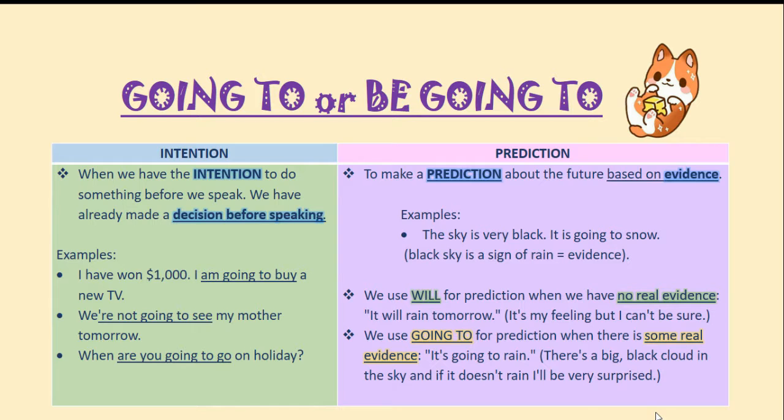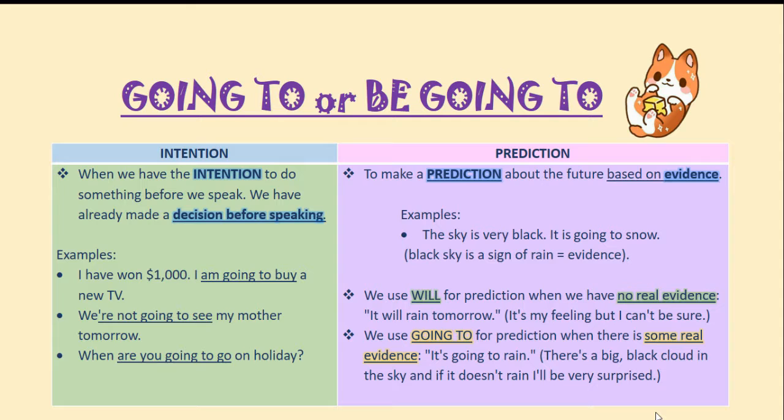In contrast, when we use going to for predictions, we're kind of sure because we have the real evidence, as we said, the dark sky, the dark clouds. So don't forget, with will we only imagine because we don't have real evidence. And with going to, we are predicting that we are sure and we have our evidence to prove it.